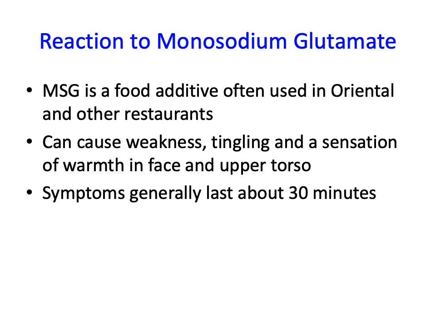Okay, we've been talking about converting these amino acids into, or transferring the amino group to alpha ketoglutarate to make glutamate. And glutamate is a very common molecule sold in grocery stores and often used as a food additive in Oriental and other restaurants.